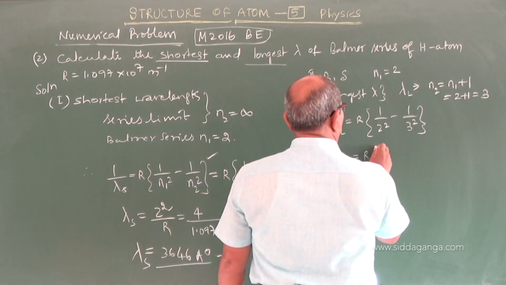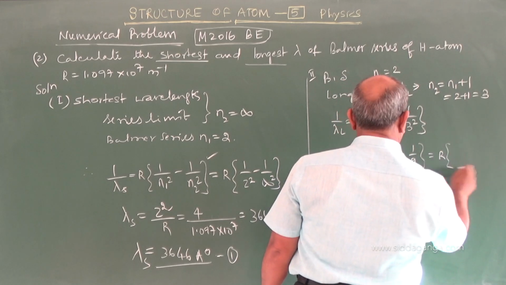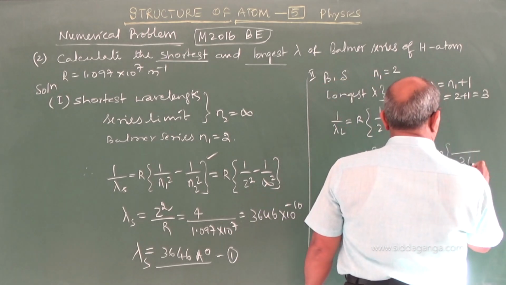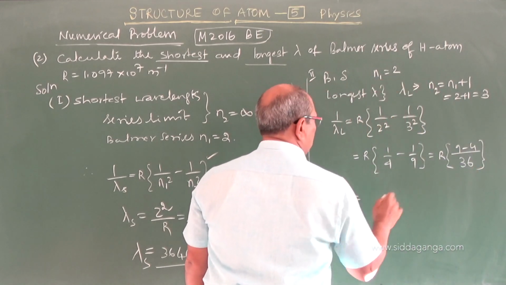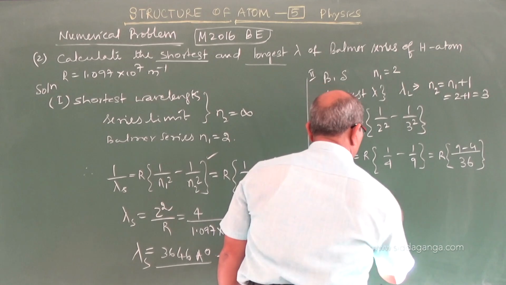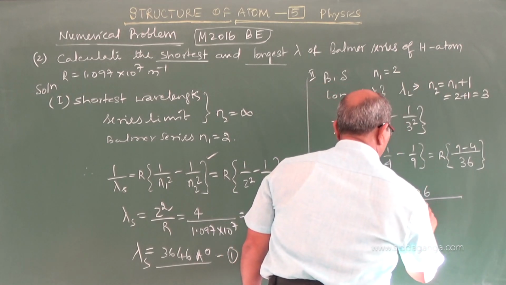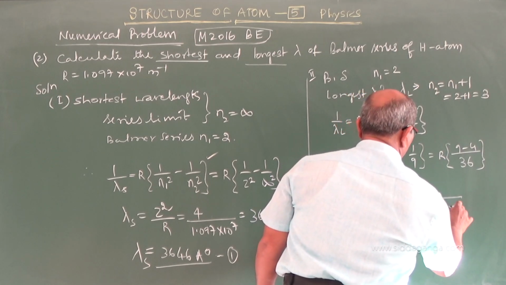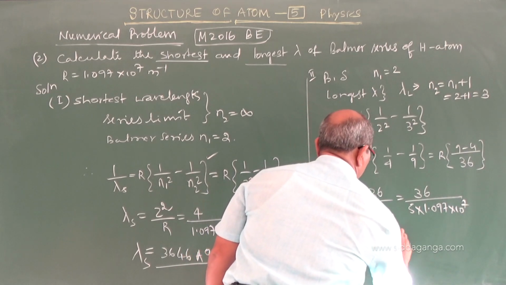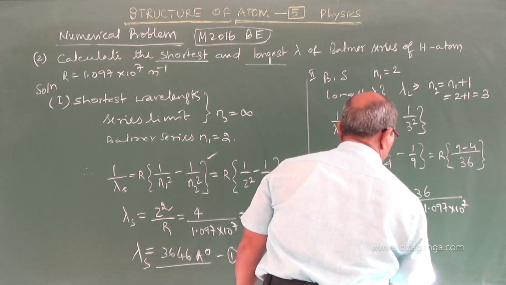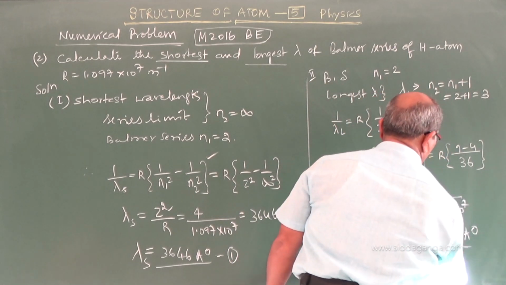That becomes R into 1 by 4 minus 1 by 9, R into 5 by 36, 9 minus 4 is 5. Our longest wavelength is equal to 36 by 5R, that is 36 by 5 into 1.097 into 10 power 7. If we simplify, 6563 into 10 power minus 10, or 6563 angstrom.